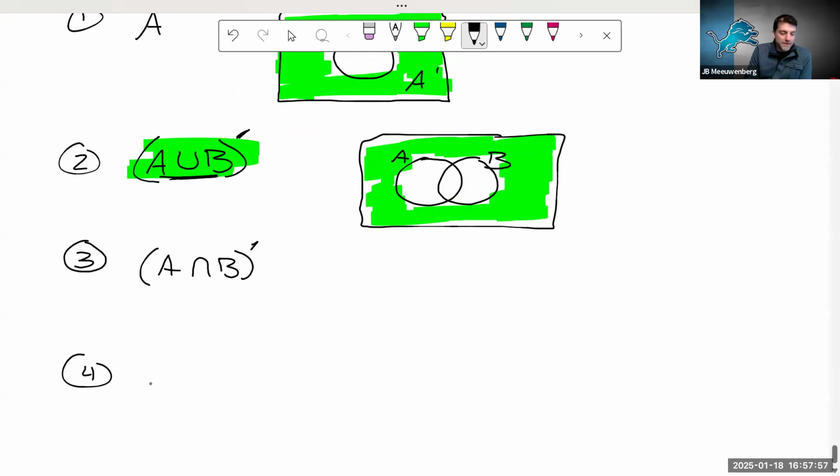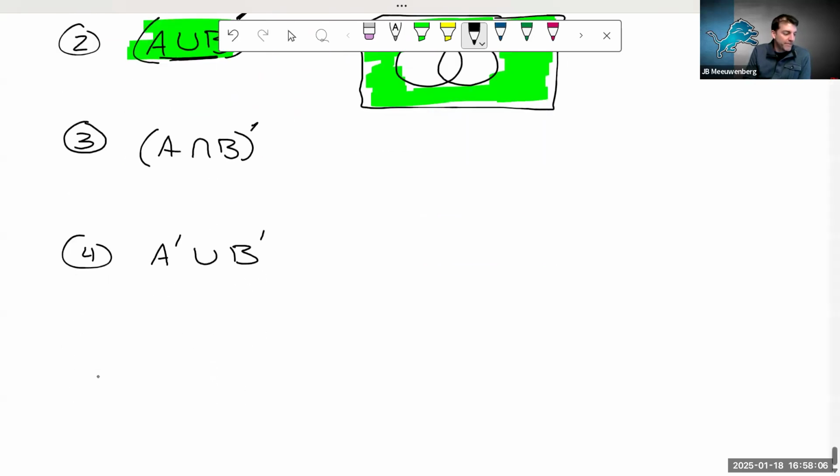Number 4 will be A complement union B complement. And then the 5th one, the final one, will be A complement and then intersect B complement. So try those 3 on your own. Shade them just like I did the other ones.